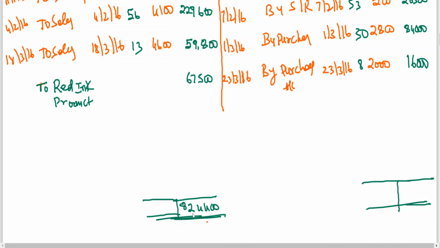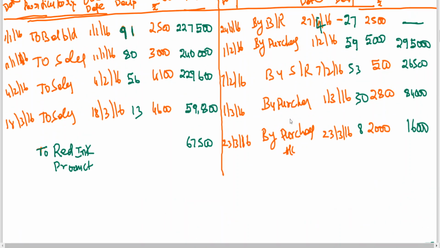Now my advice, you go for totaling of it. You start deducting the credit side product. 8,24,400 minus 2,95,000 minus 26,500 minus 84,000 minus 16,000. It is coming to 4,02,900.